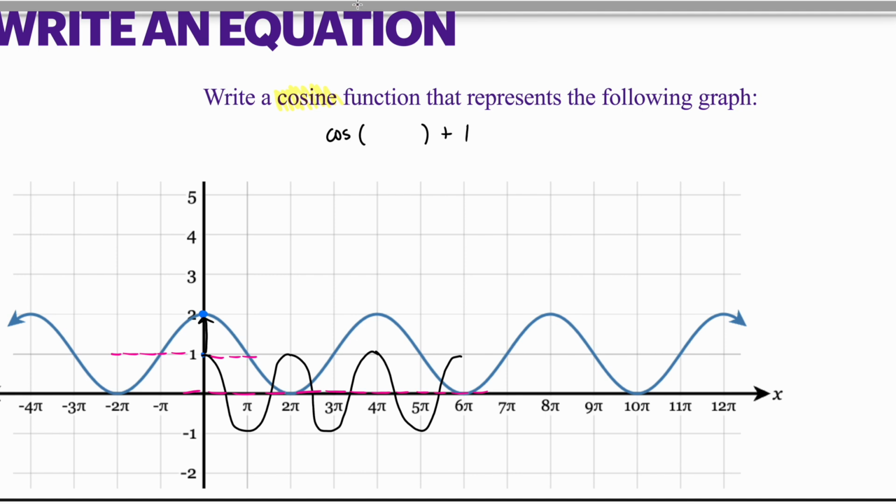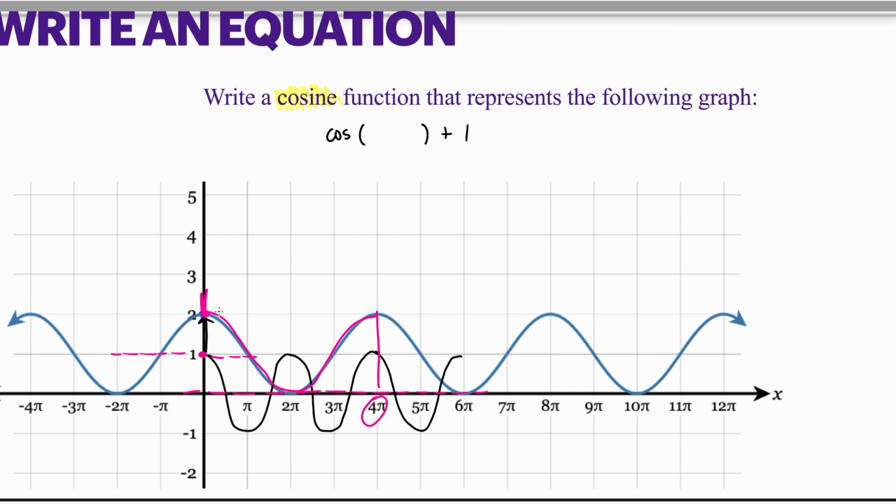Next, it looks like the period is different. It didn't look like it shifted, because the highest point does start at the same place, so there is no shift, but the period has changed. This period goes from down back to up every 4 pi.